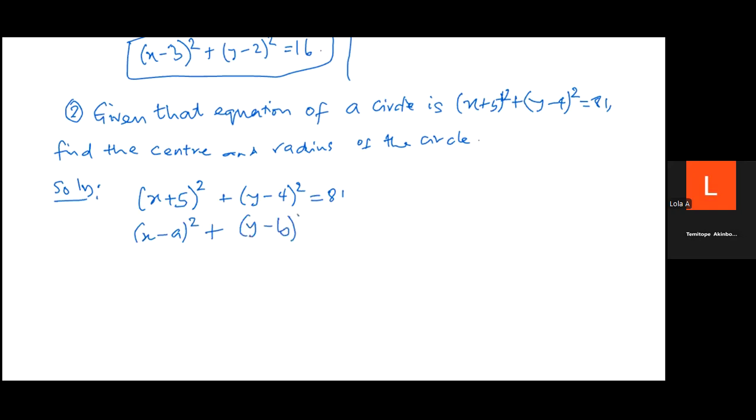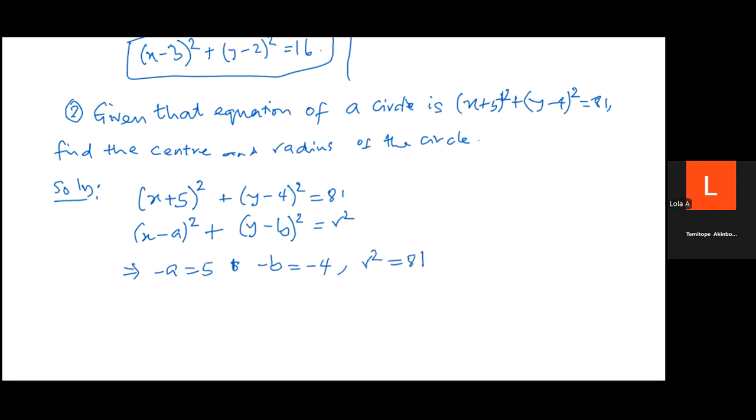Comparing, minus a equals 5, minus b equals minus 4, and r squared equals 81.